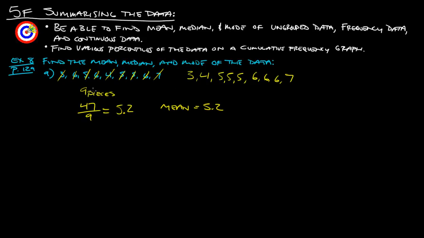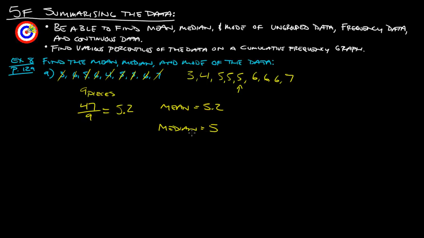So the median is going to be the middle number. Since we have 9, 1, 2, 3, 4, 5, this here is going to be our middle number because there's 4 to the right and 4 to the left. So median is 5. Right?